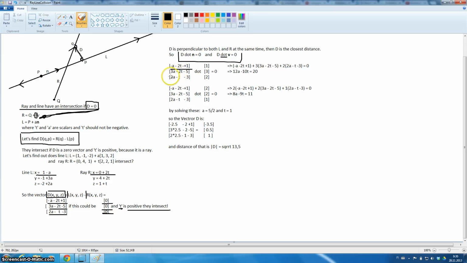Then I calculate those dot products and find out that we have this kind of formula, and then we find that we have this kind of formula in case 2.